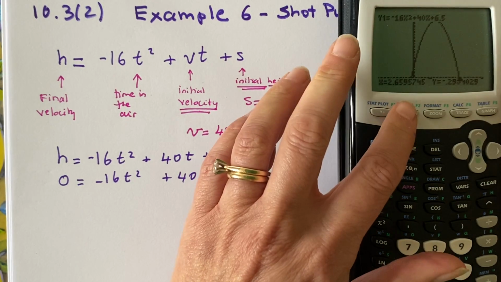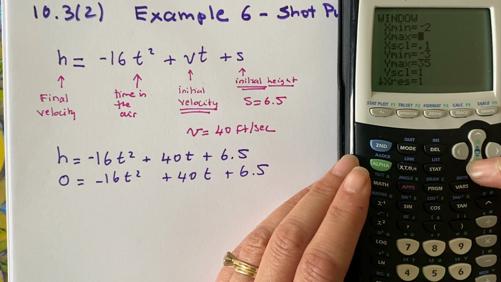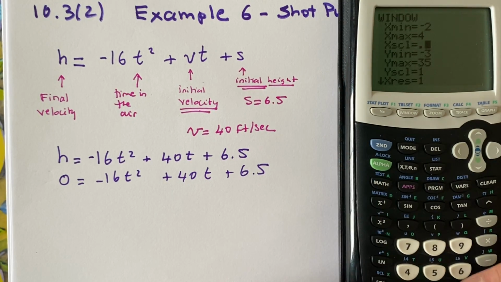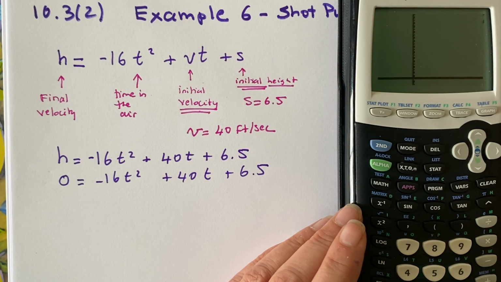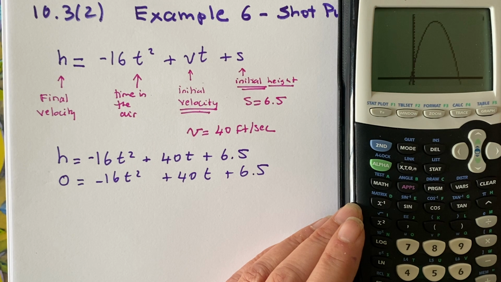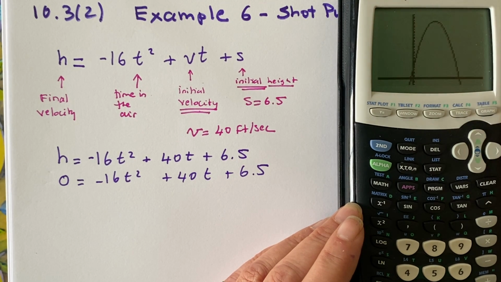Probably if I come in closer in window, maybe I'll come in even closer by making this x scale 0.05. Let's see what happens now. And let's see with my trace what happens. See if I can get in a little closer and get a better value. Oh, did I say 0.5 or 0.05? I did say 0.05.